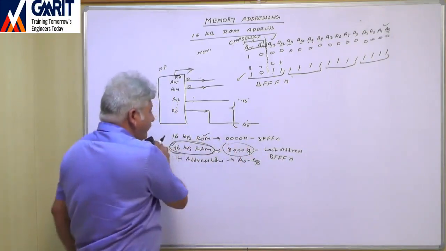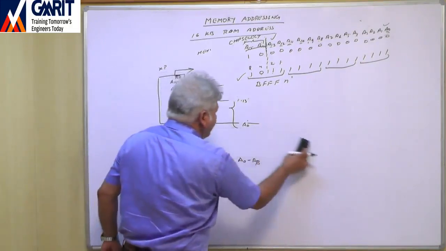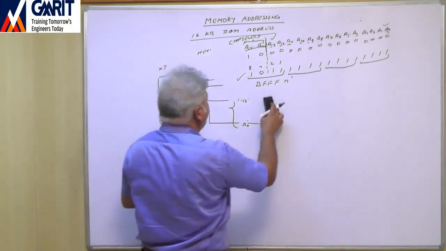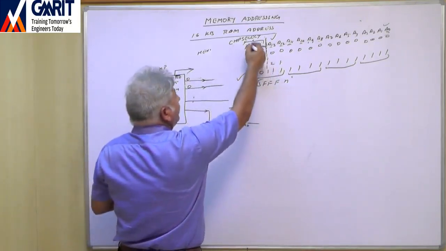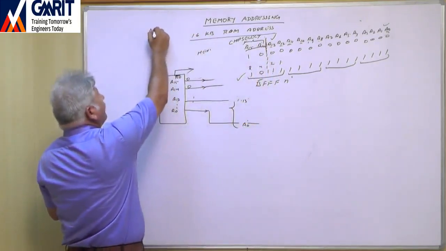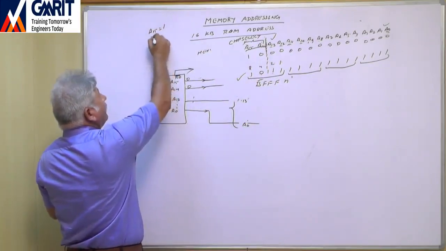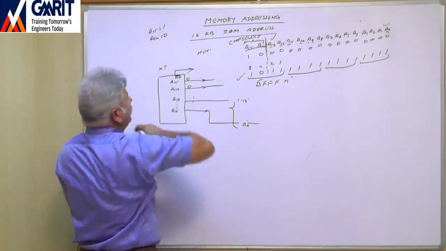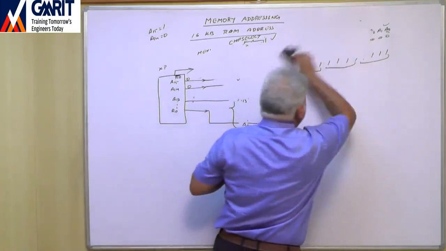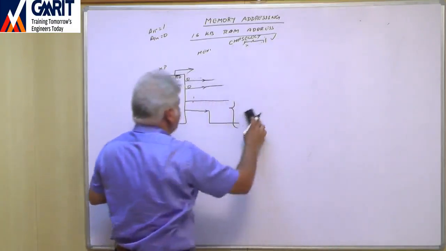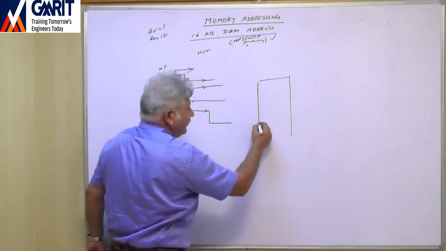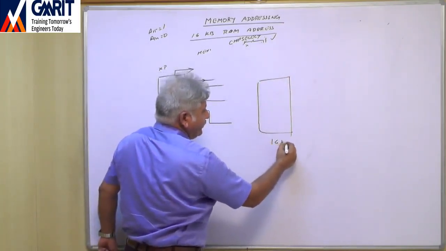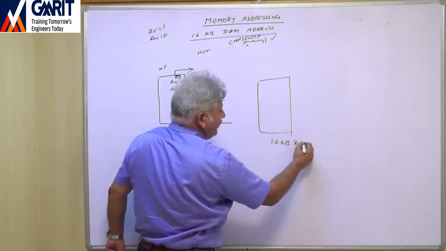Now simply draw the interfacing circuit. So how will we draw the interfacing circuit? I will write this last. A14 and A15: A15 is 1 and A14 is 0. Right. So now connect here the 16 KB RAM.